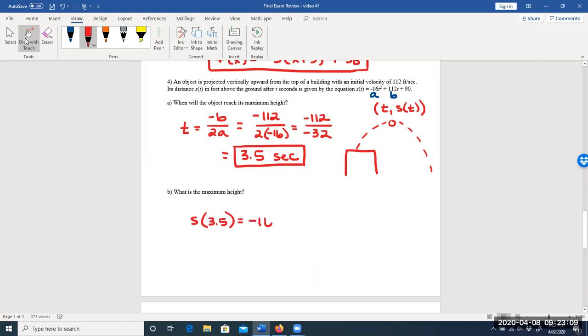So negative 16 times 3.5 quantity squared plus 112 times 3.5 plus 90. And this will give us our maximum height. So I'm going to use my calculator here, type all this in, and I'm getting 286 feet.